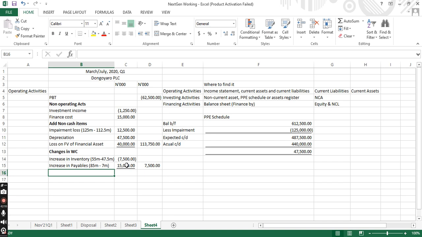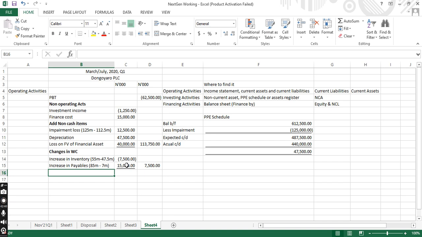Now let's go to our finance costs as well as our tax paid. Don't forget, I told you that finance cost paid can be under operating activities, and it can be under financing activities. The ICAN study pack example puts it under financing activity, but that doesn't mean you can't have it under operating activities.